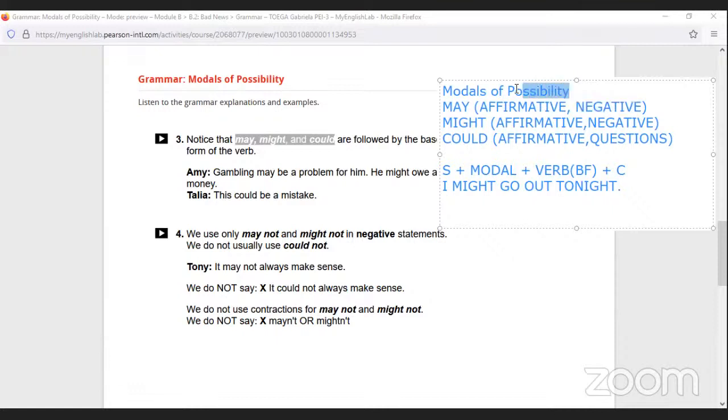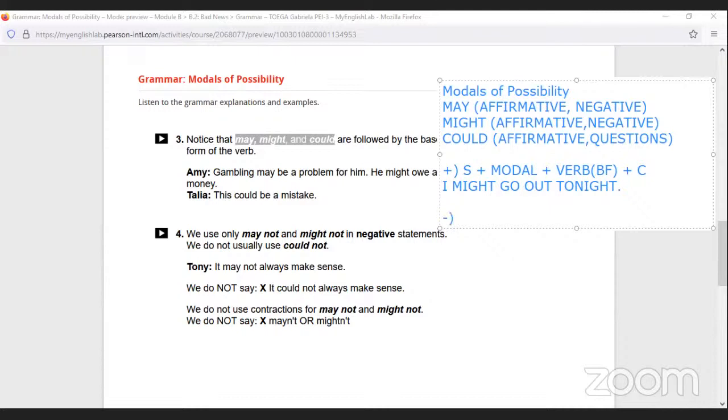But as we are talking about possibilities, the only word that we could use for questions is could, okay? And might, we can use it, of course, with negative and affirmative, okay? So, this is for affirmative. We did three. What happened with negative?